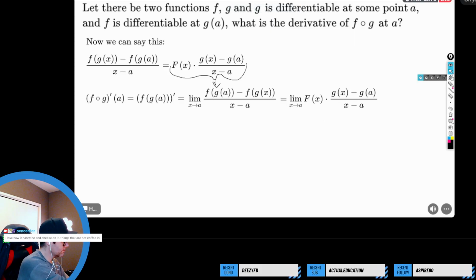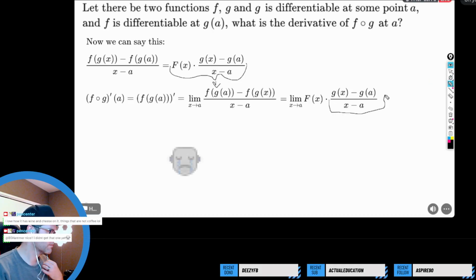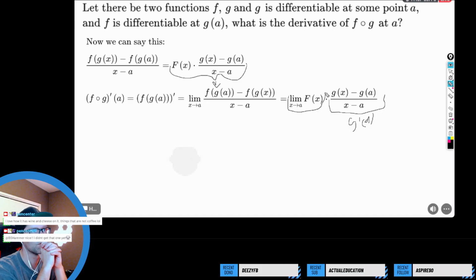And now if we split it, we can actually see that this is just the derivative g prime of a, the derivative of g at a. And we know that this limit, from the page before, is f prime at g of a.